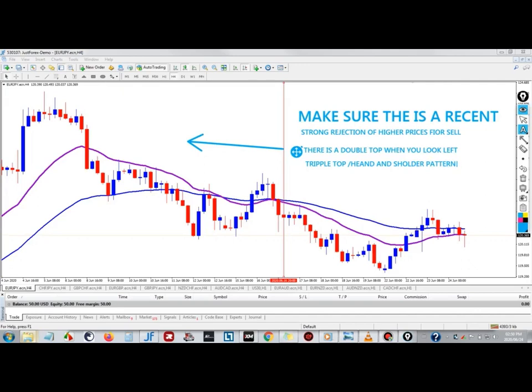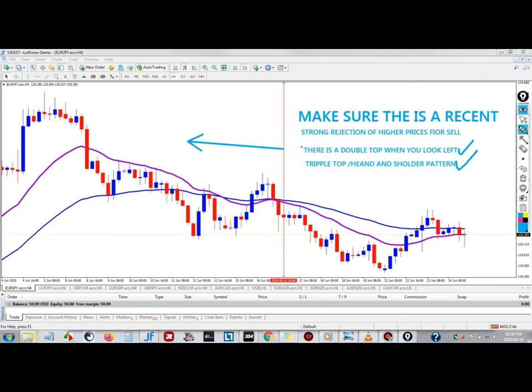So if you are new to this, guys, some of you might not be aware of what is a double top, what is a head and shoulder pattern. Don't worry, on the future videos I'm gonna create content concerning these so-called topics.